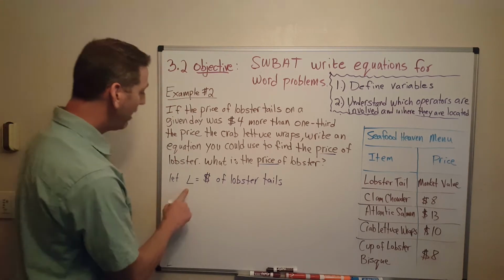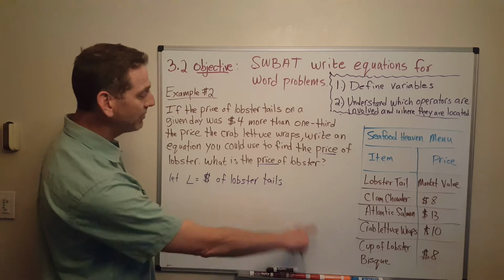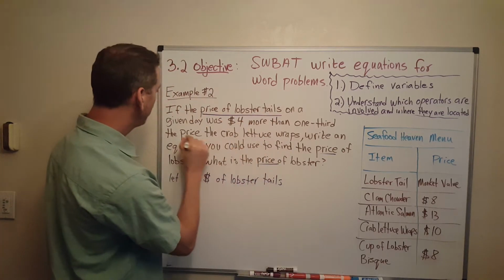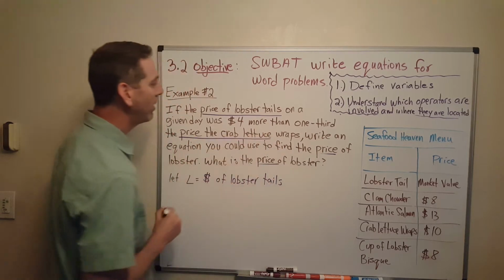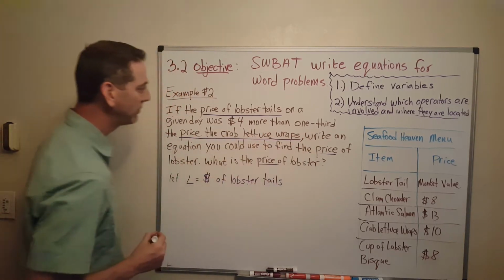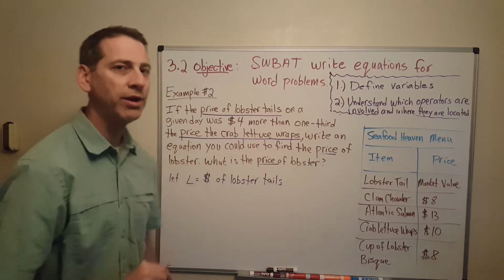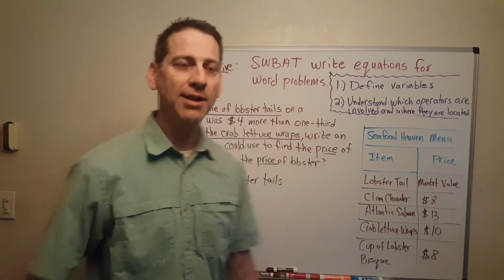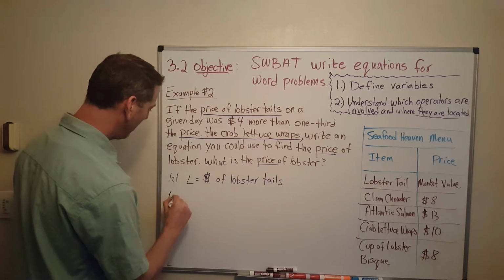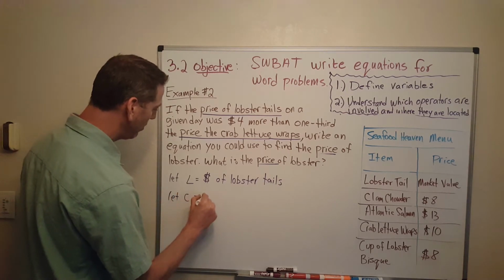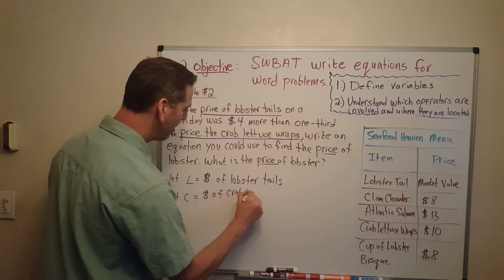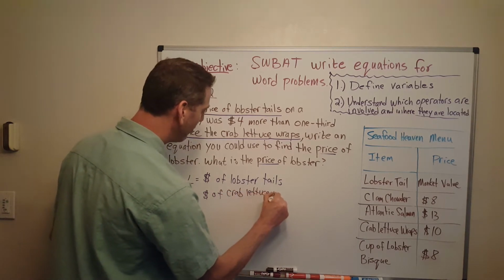All right, so L equals the price of lobster tails. I'm comparing that to the price of the crab lettuce wraps. So what variable do you want to use for crab lettuce wraps? I'm just going to go with C. I'm going to say let C equal the price of the crab lettuce wraps.